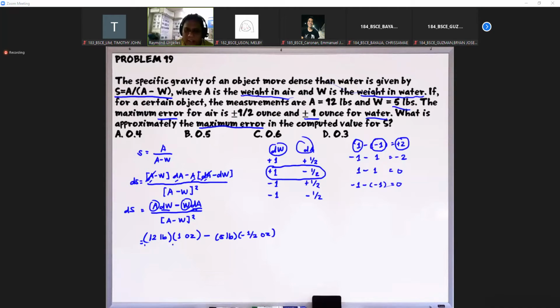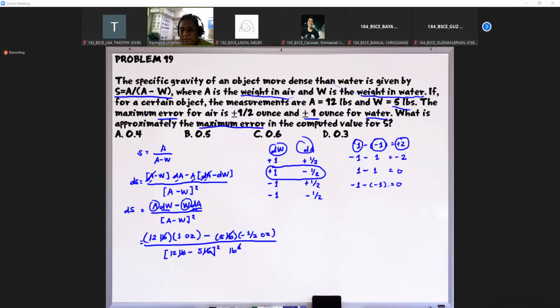Then this is divided by A, which is 12 pounds, and W, which is 5 pounds, and this quantity is squared. Looking at the units, this is pound squared, so we can cancel one pound.